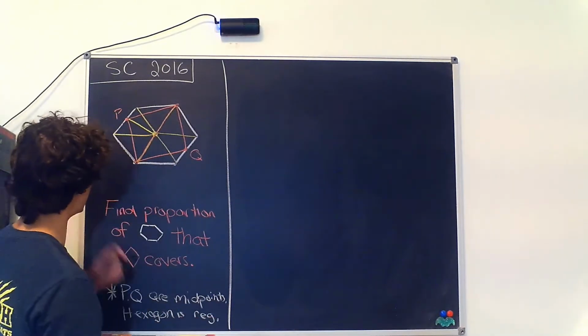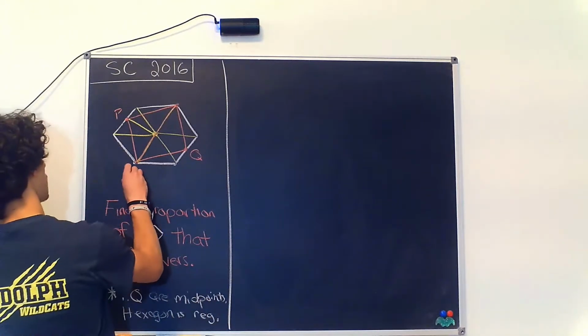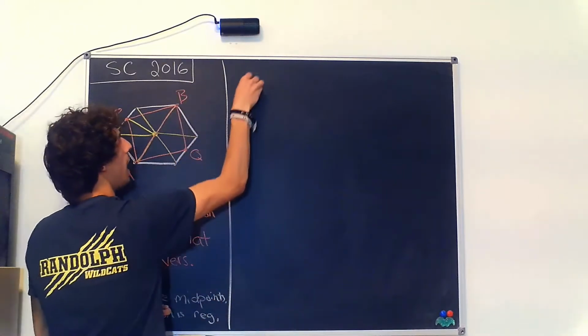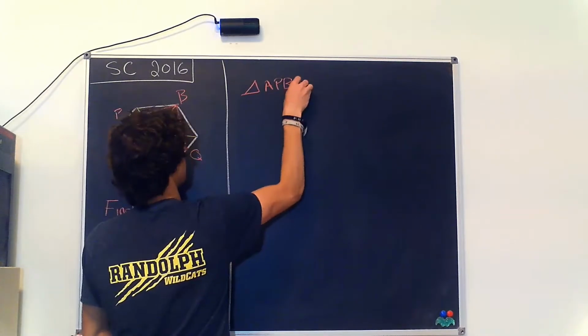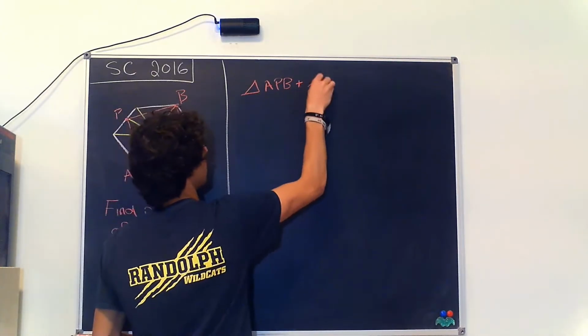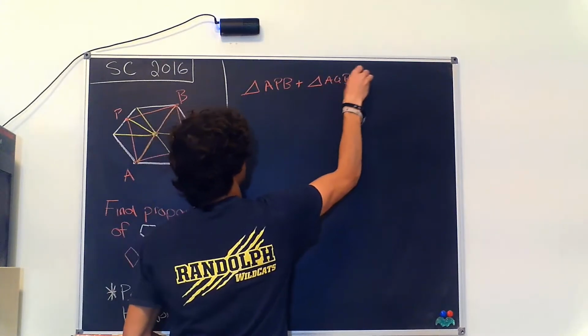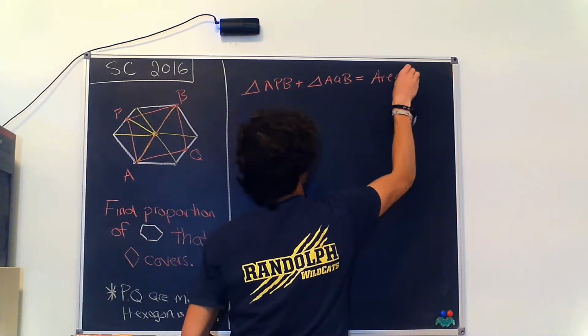And so we'll get 2 big red triangles. We'll call this point A and this point B. So we'll have triangle APB, that area, plus triangle AQB, and together they make up the entire area of this red diamond.